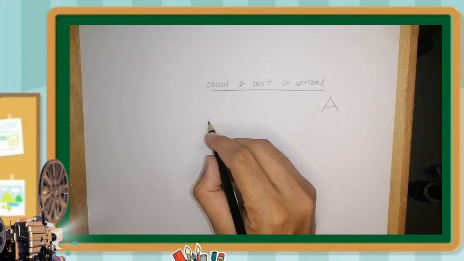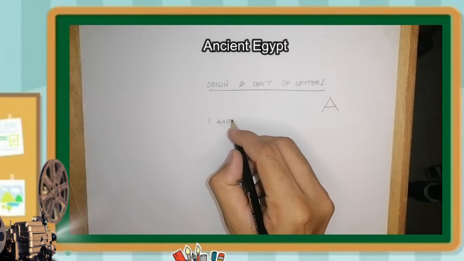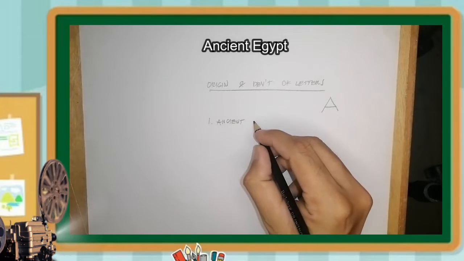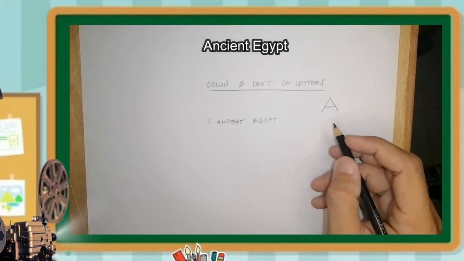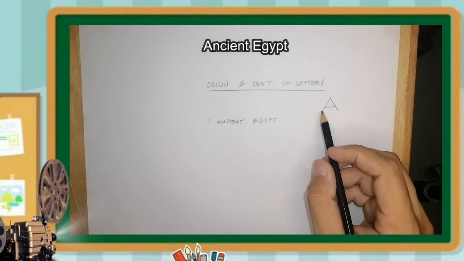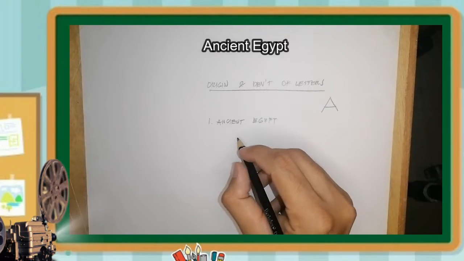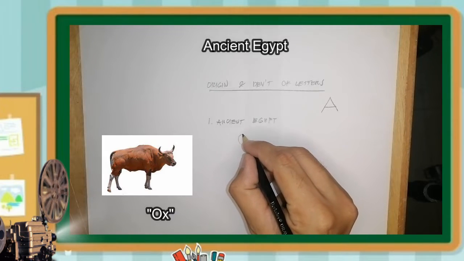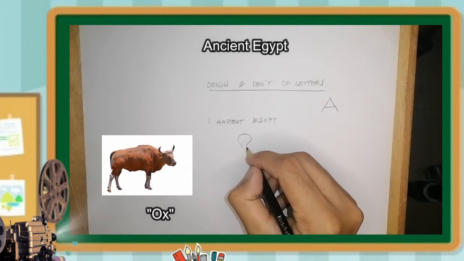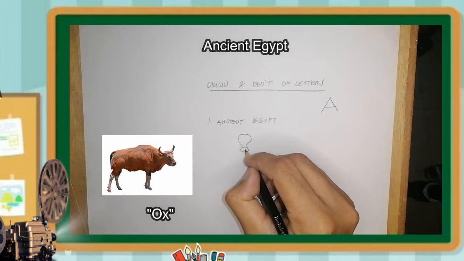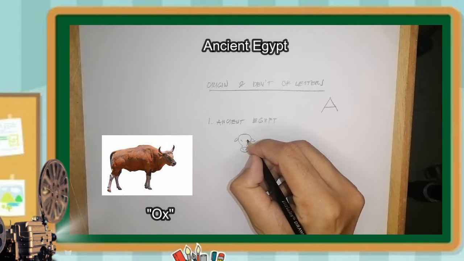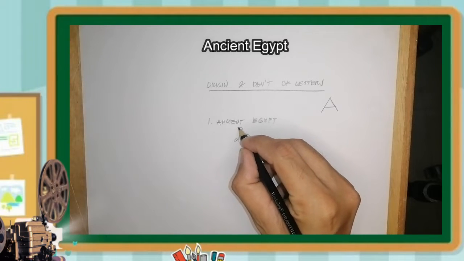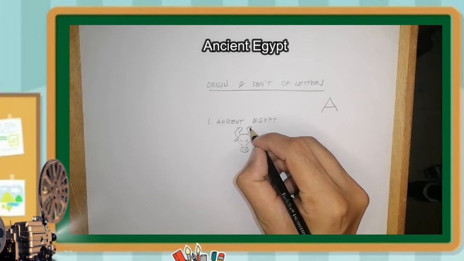Okay? Let us start with the ancient Egypt. So in the ancient Egypt, they have this letter A, no? Yung tinatawag natin na ox na animal na ginagamit nila. It is a domesticated animal in which ginagamit nila ito sa kanilang pagkikipagkalakal, bibit ng mga gamit, mga produkto.